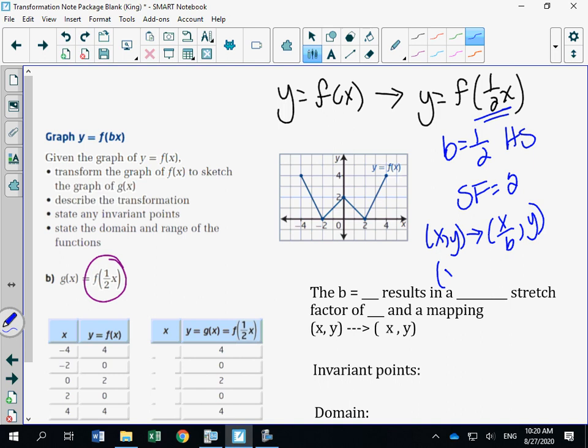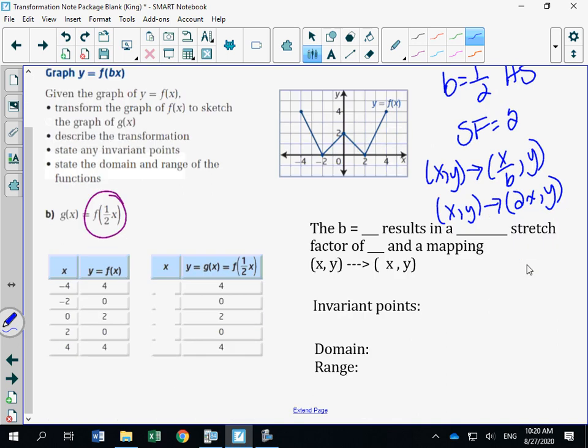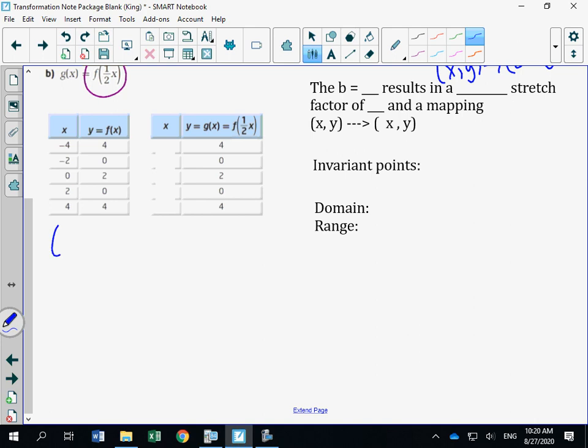Well, something divided by 1/2 is the same thing as multiplying it by 2. You're multiplying it by the stretch factor. Okay, so we always multiply by the stretch factor. Okay, let's get our points and then let's undergo our transformation. So again, our original is x comma y and our transform function is 2x, whatever you multiply by the stretch factor. Stretch factor is 2. So 2x times y.